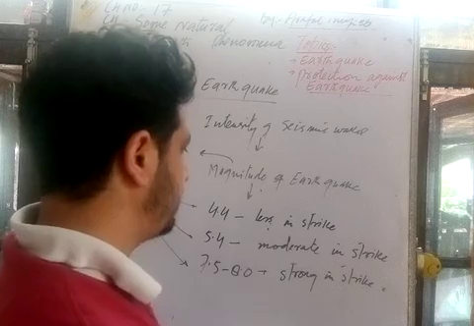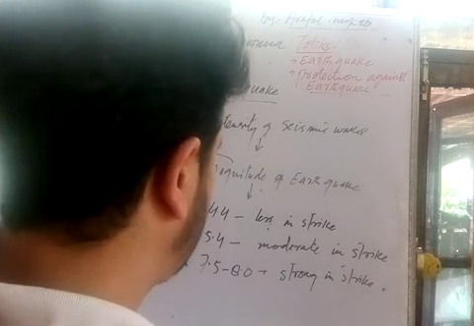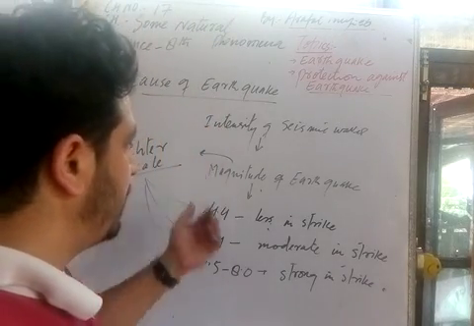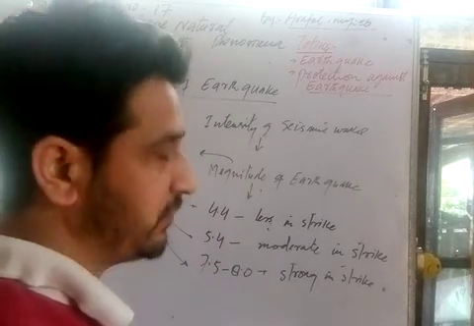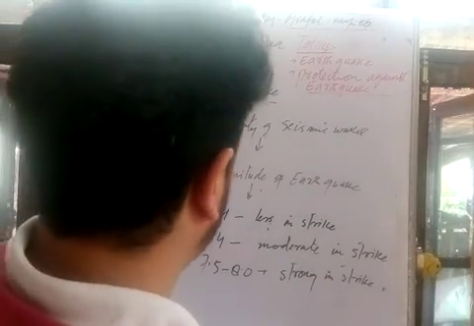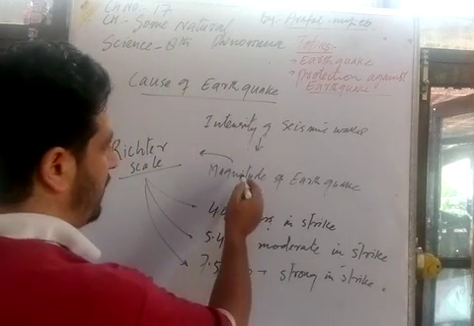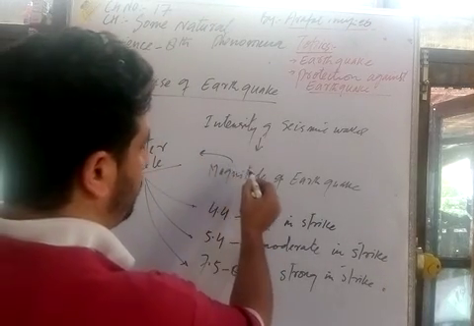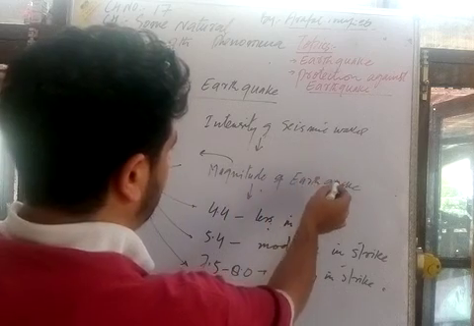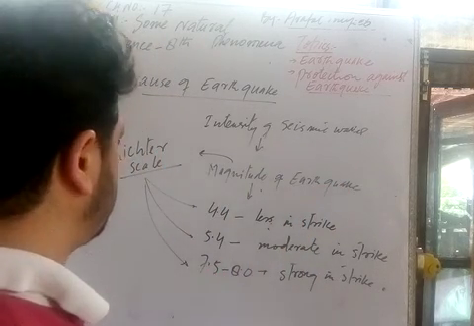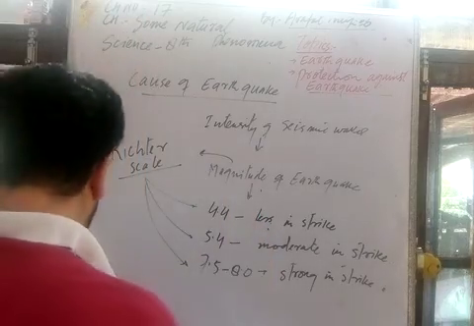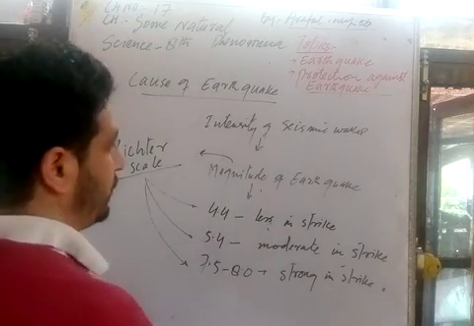There is an index for the prediction of the earthquake. The intensity of these shock waves, these seismic waves, can help in calculating the magnitude. Only with the Richter scale can we find out the magnitude of an earthquake.